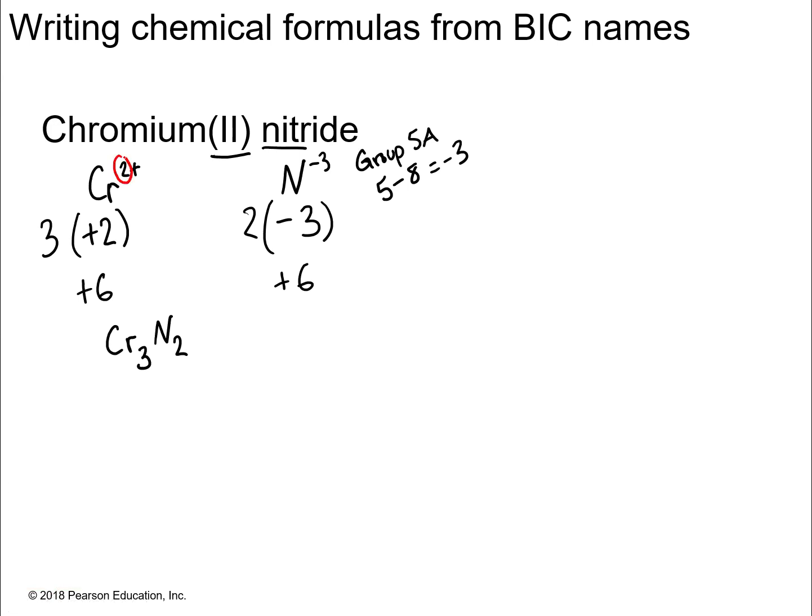Again, look at the 2+ on the chromium, and there's a 2 as the subscript for the nitride. We've got a 3- for the nitride and a 3 for the subscript for chromium(II).